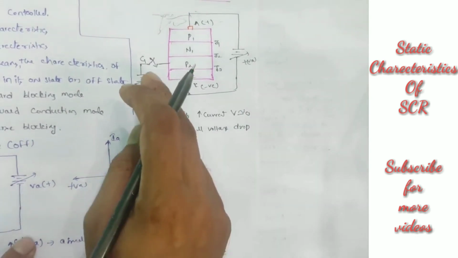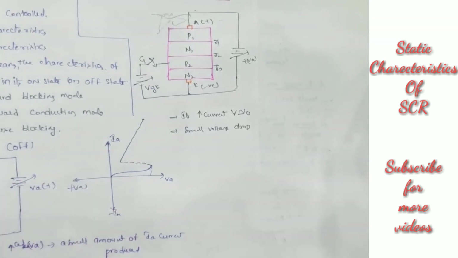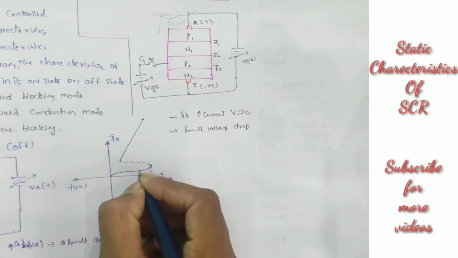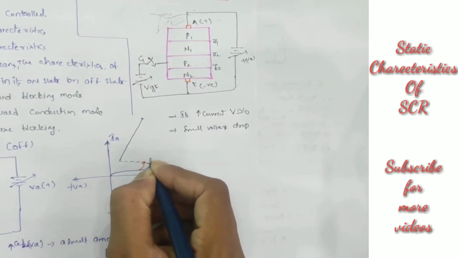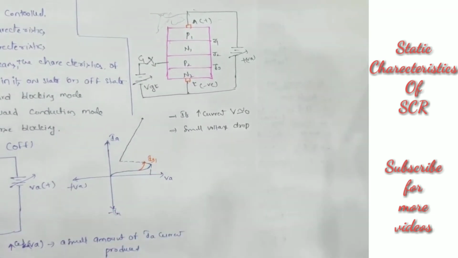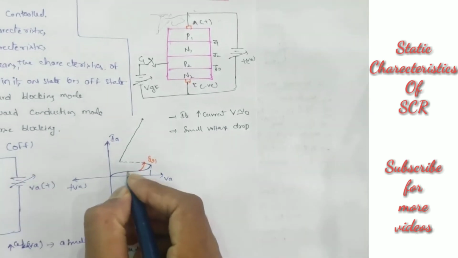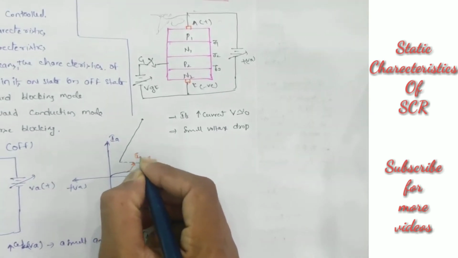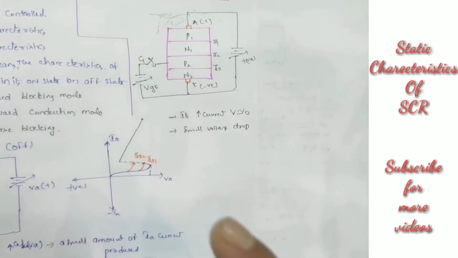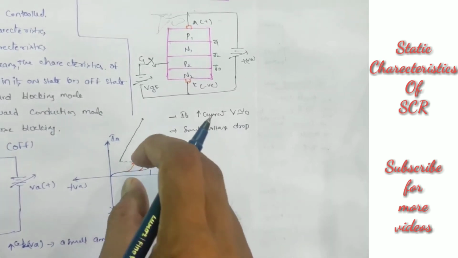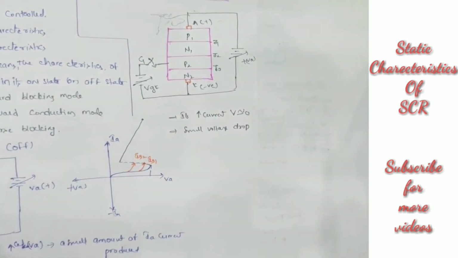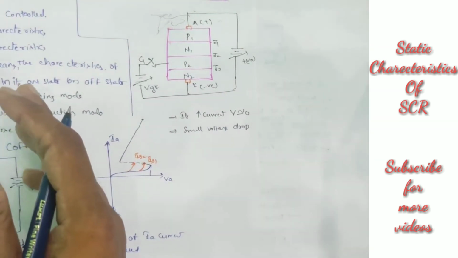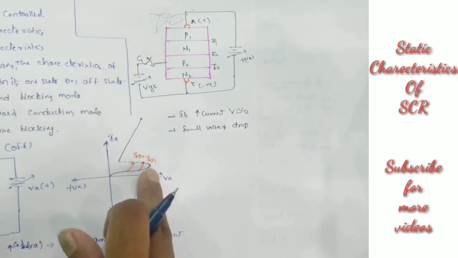So when the gate supply is given, the SCR will be turned on quickly. This is Ig1. If the gate supply is increased to Ig2, here we will get the Ig2 value. So the SCR depends on the gate current only.